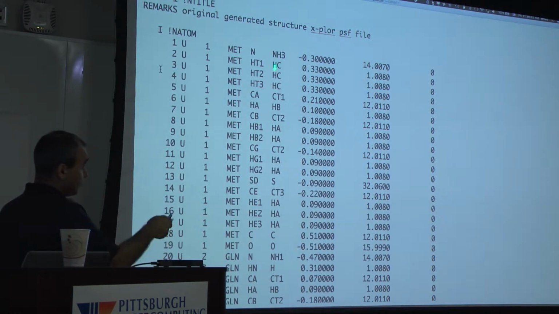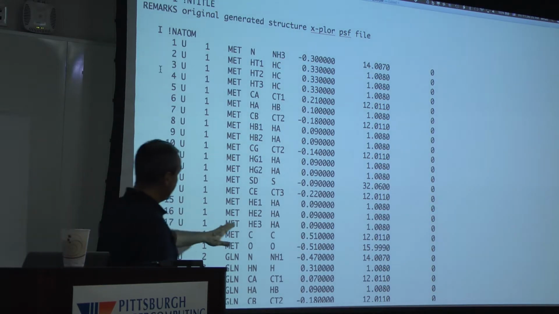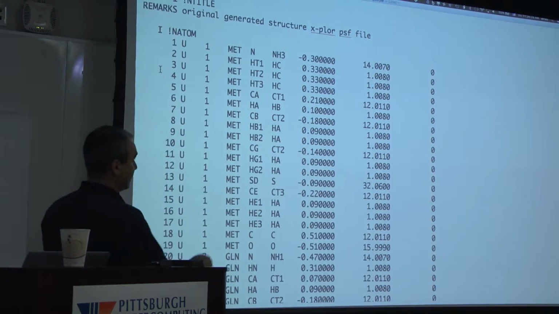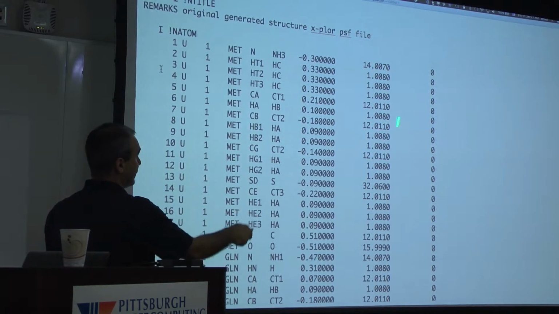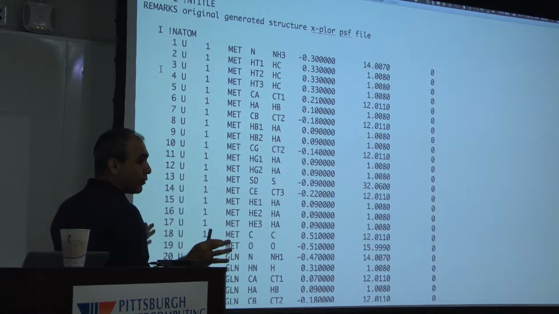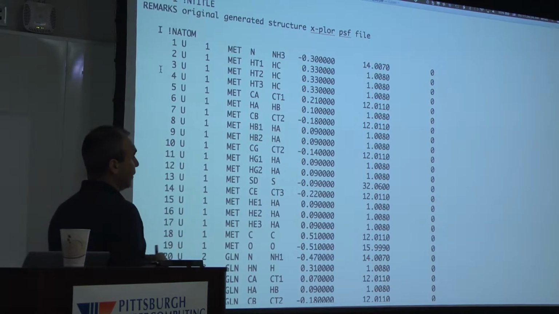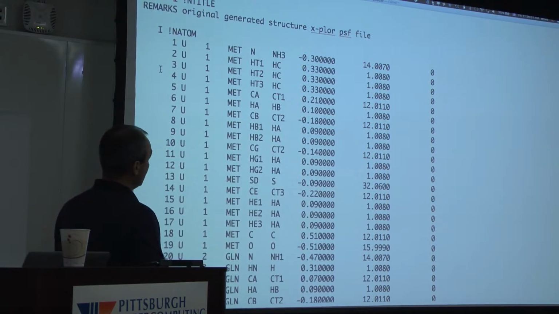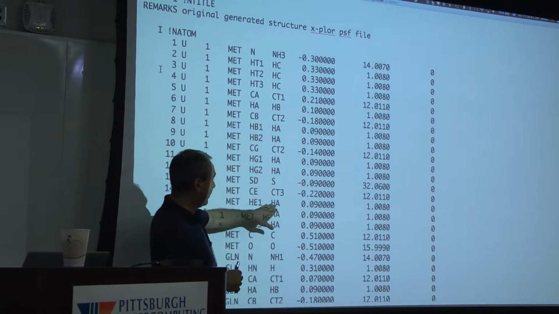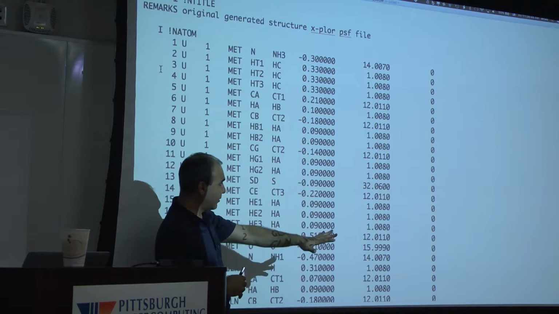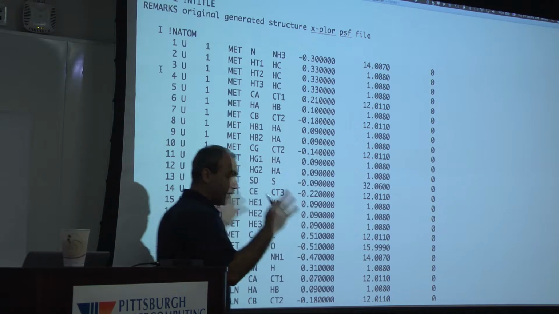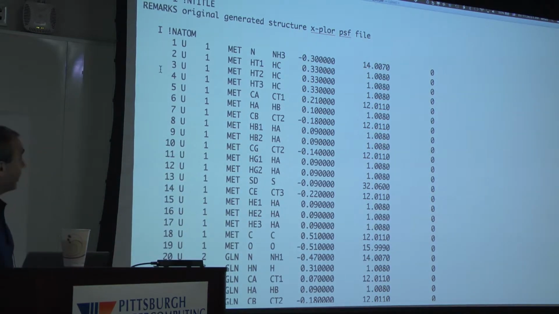atom type. We're going to need this for parameters. These are the chemically meaningful kind of names. We have the charges, and we have the masses. All the information you need, except for the coordinates, is here now, to have complete information for the atoms, to be able to connect to the parameters that we will look at shortly, and to have the charges and the masses that you need for your MD propagation.